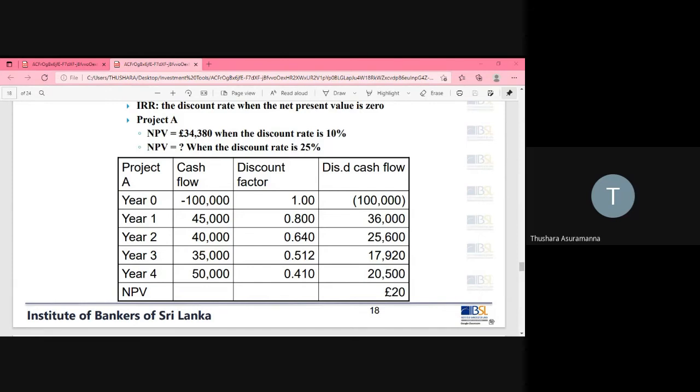IRR. Before that, you might think, if I am going to invest in a project, I need a minimum of this much return. That's subjective. Let's say you have some deposit, you compare with treasury bond, treasury bill rate, bank's interest rates.